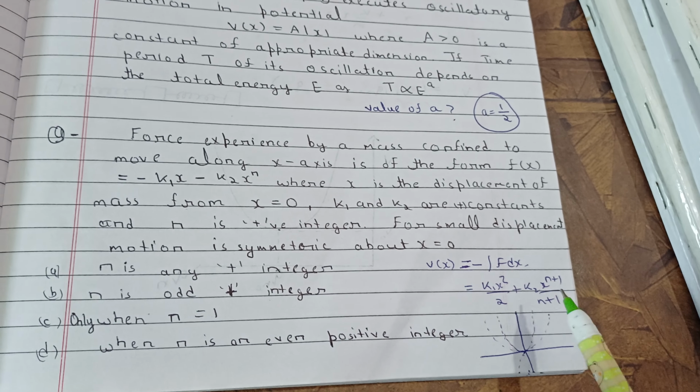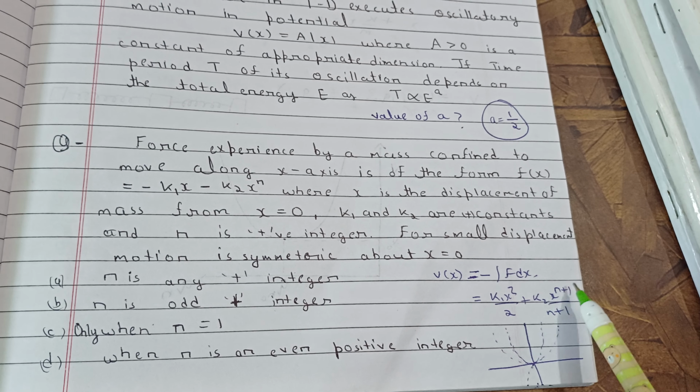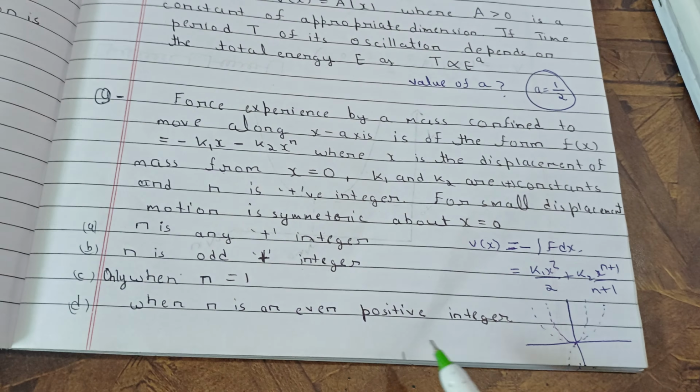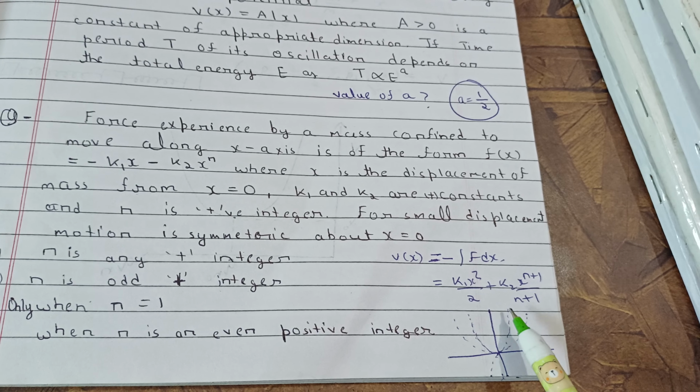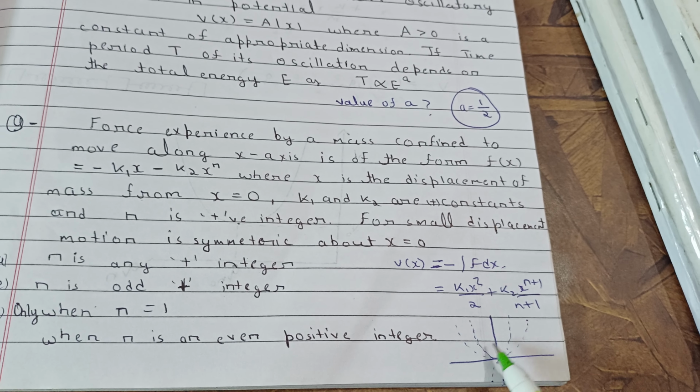So for any positive odd integer n you will get a symmetric oscillatory motion, because this will be even with n equal to odd. I can tell you this: when x to the n is odd, you are getting the even terms and you will get this kind of curve. For this one, this will be your curve, and if n is odd, this will be your curve. So you will have a resultant curve in this way, and that will be a symmetric curve.